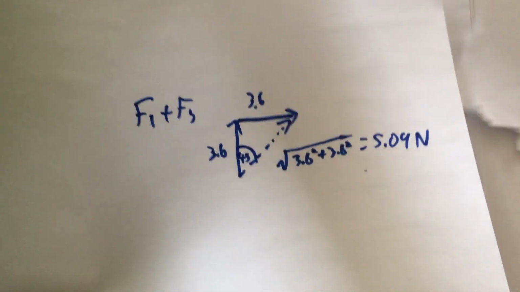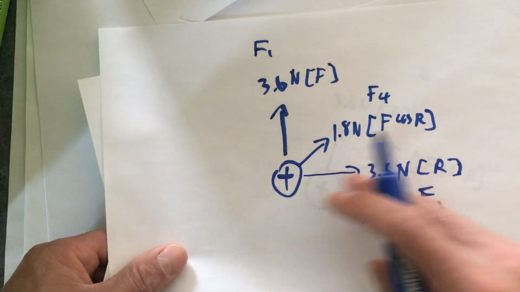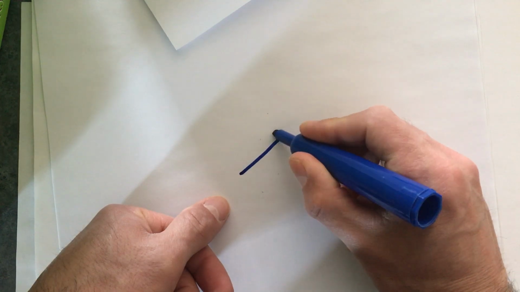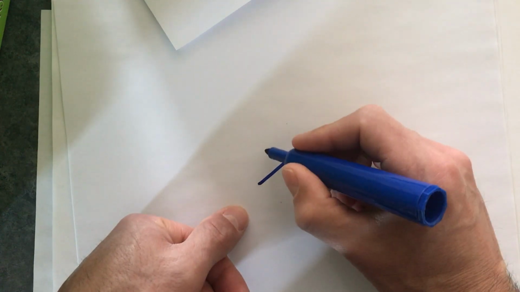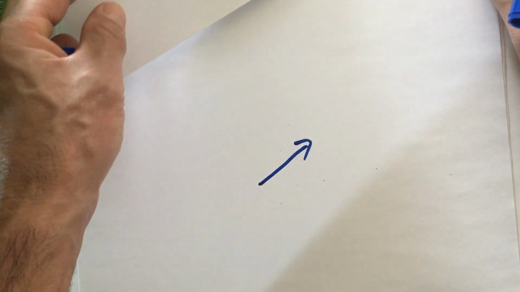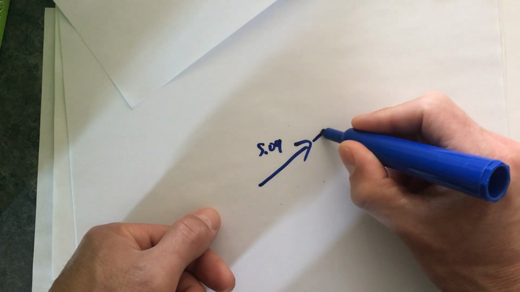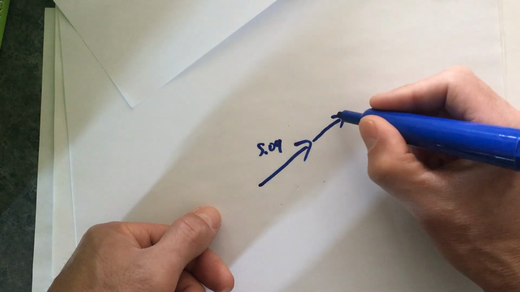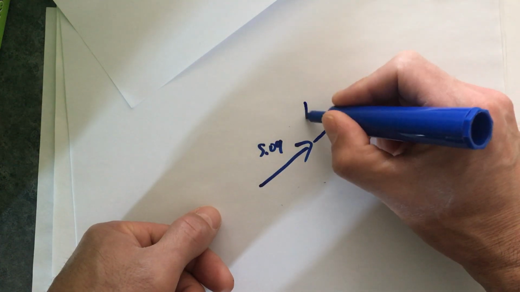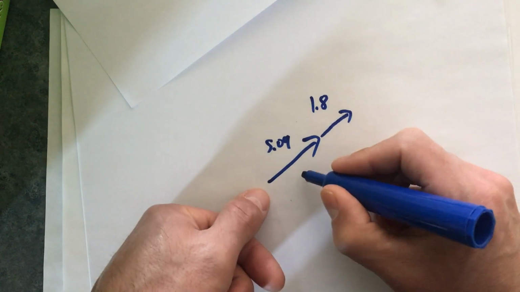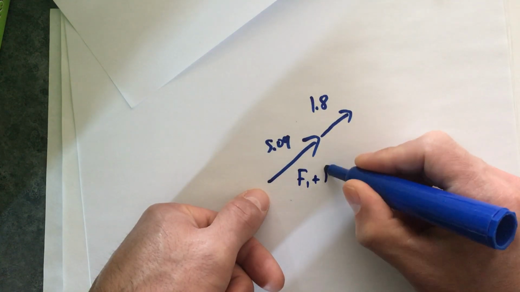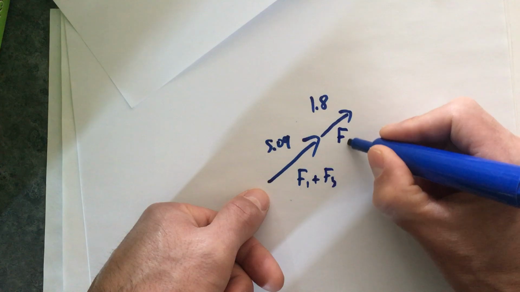So now when I add up all of these forces, I've got to add all three of these. F1 plus F3 is going this way with a magnitude of 5.09, and F4 is going in exactly the same direction with a magnitude of 1.8. So this is force 1 plus force 3, and this is force 4.